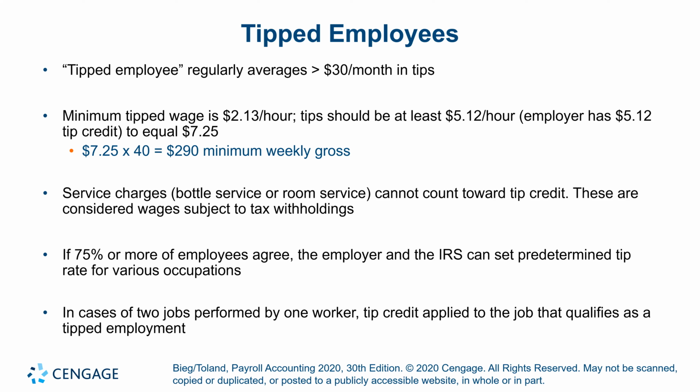Service charges like bottle service or room service charges do not count toward the tip credit. These are considered wages. If 75% or more of employees agree, the employer and the IRS can set a predetermined tip rate for different occupations.